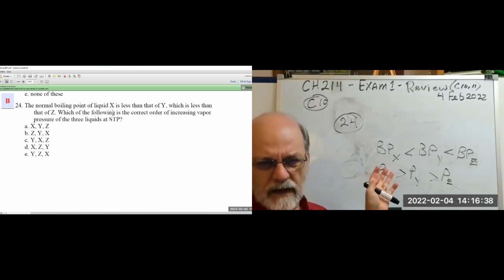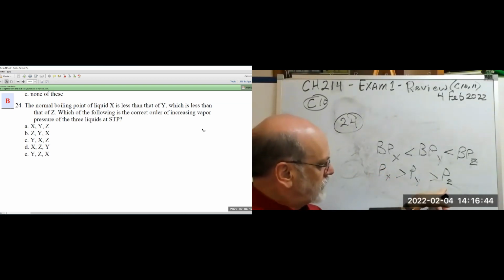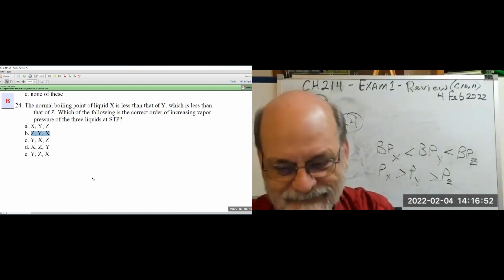It says correct order of increasing vapor pressure, right? So ZYX would be increasing vapor pressure. ZYX. Okay.